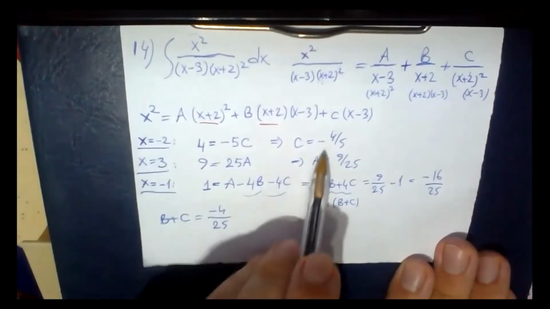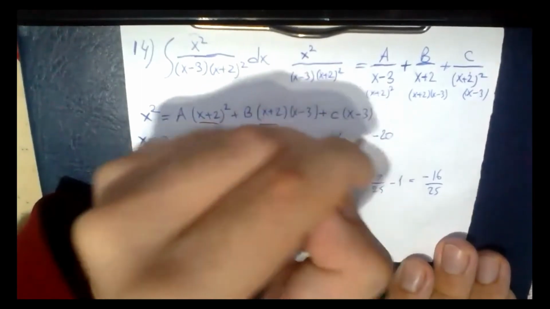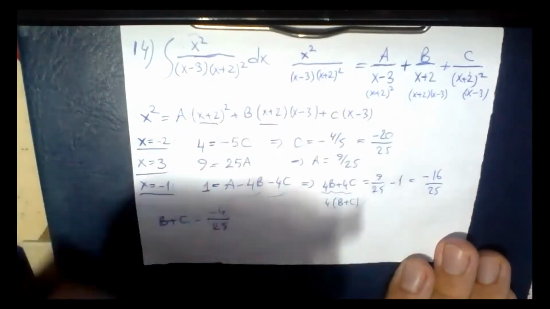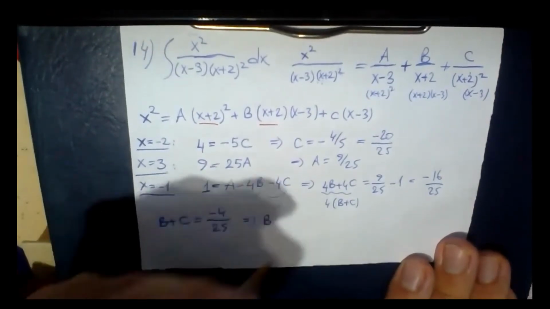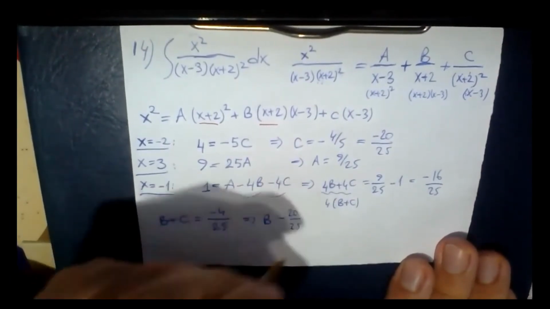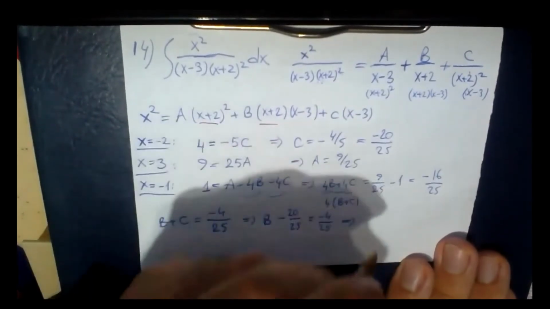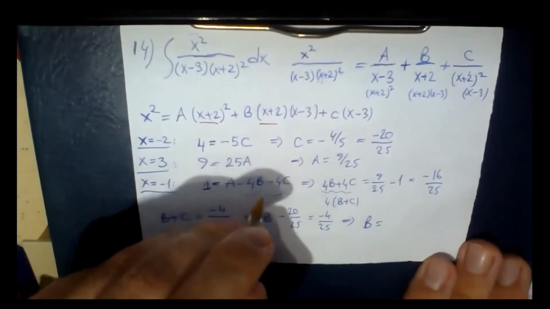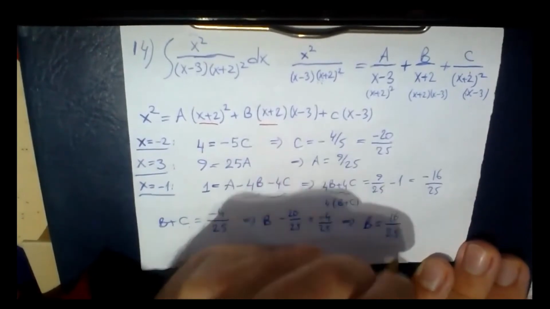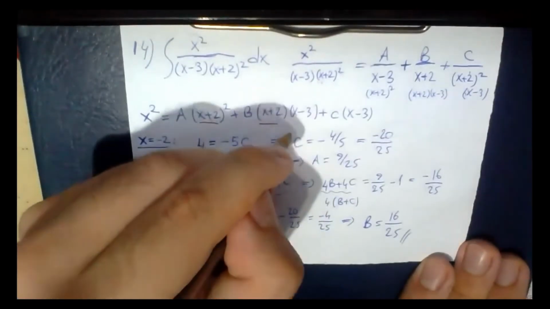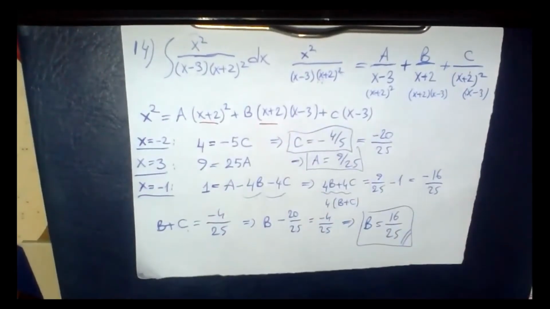But we already know c was minus 4 over 5. If we expand it by 5, it will be minus 20 over 25. So b minus 20 over 25 is equal to minus 4 over 25. And from here, b will be 16 over 25. So we determined A, B, and C.